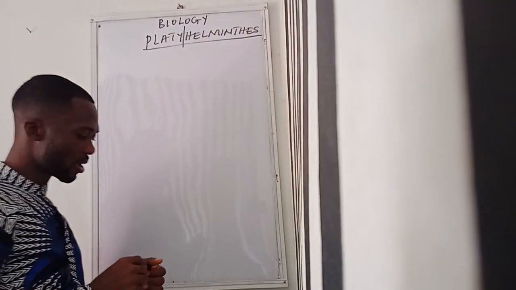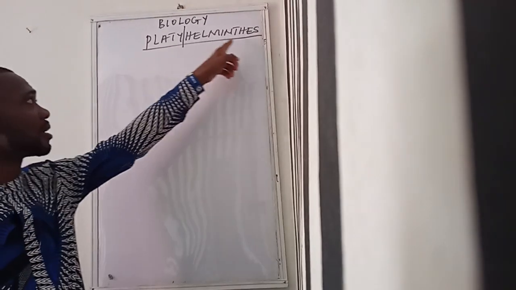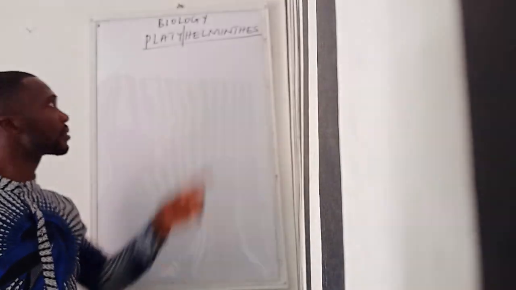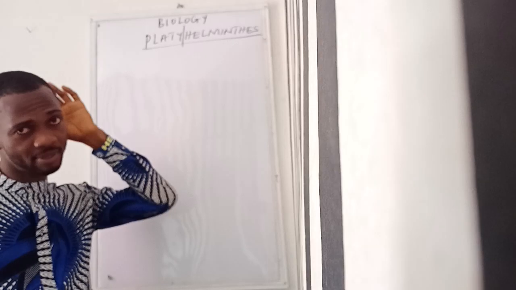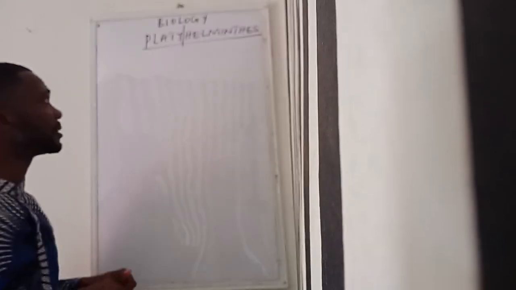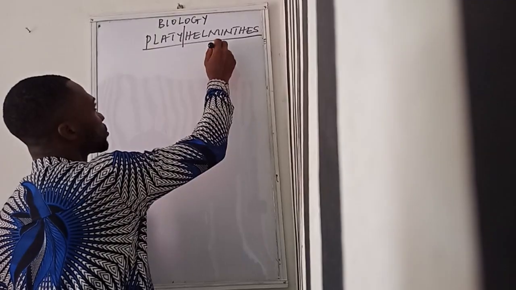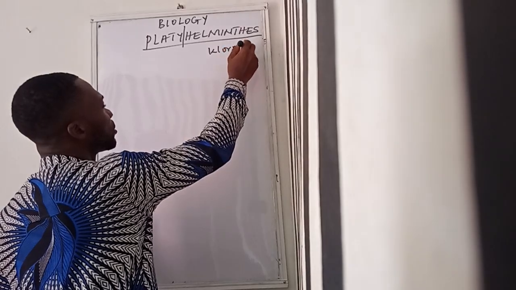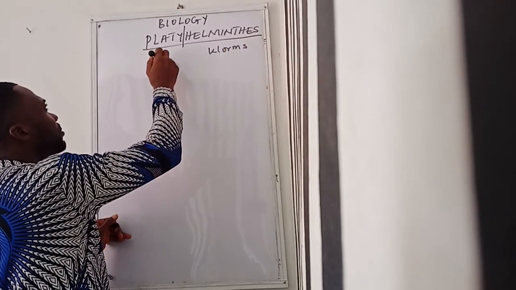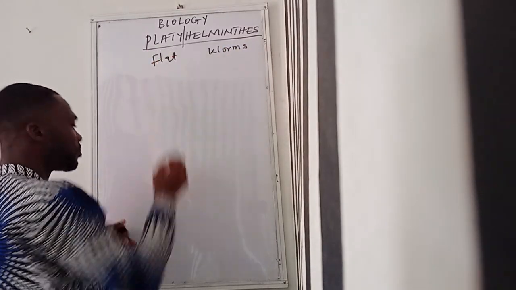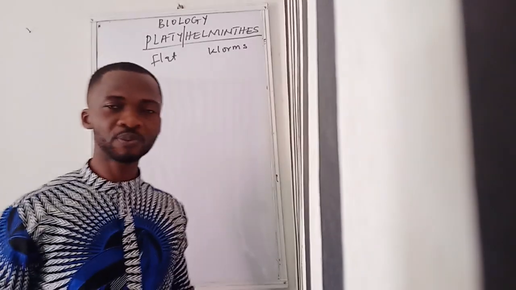If we divide this word into two, we'll have platy, then we'll have helminthes. When we talk about helminthes, we're talking about worms. And when we say platy or plate, we mean flat. Plates are always flat.